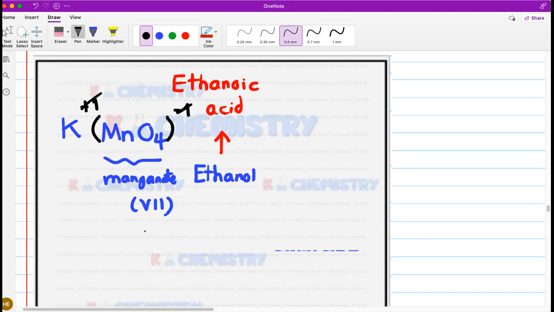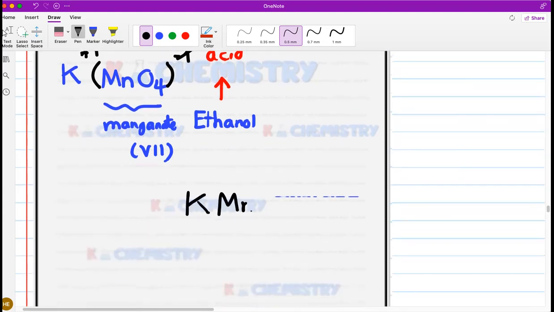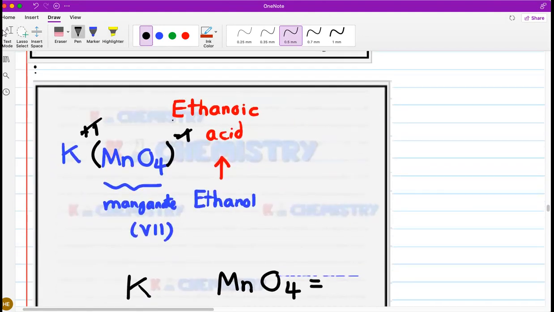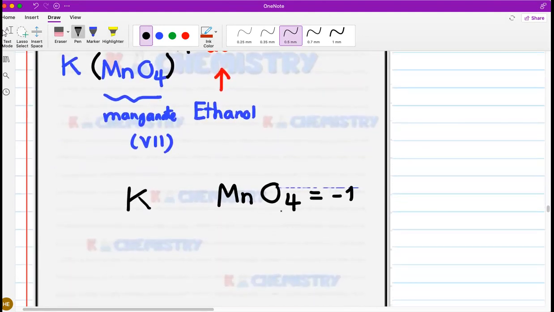Since this year is the first year to put that, let's try to put that into work. KMnO4. Can you find the oxidation state of the Mn? Let's remove the K. The total charge for MnO4 is equal to -1. Every one of oxygen is -2, multiply this by 4, you get -8.